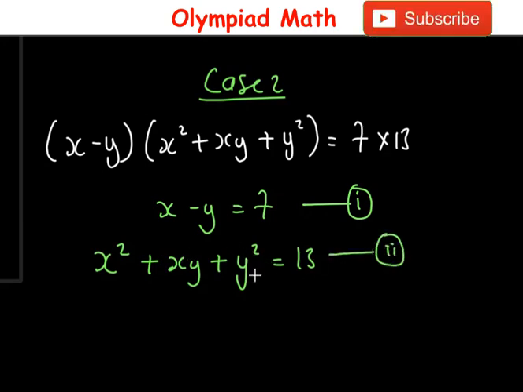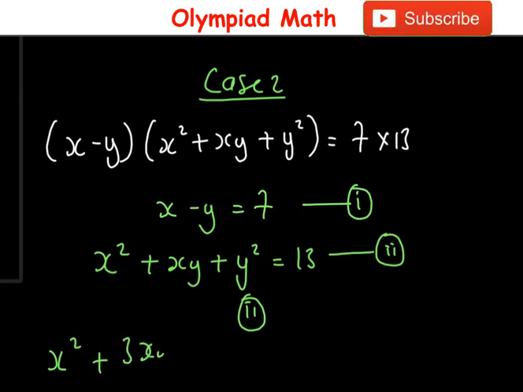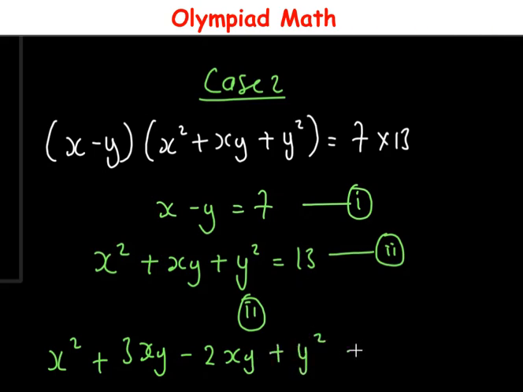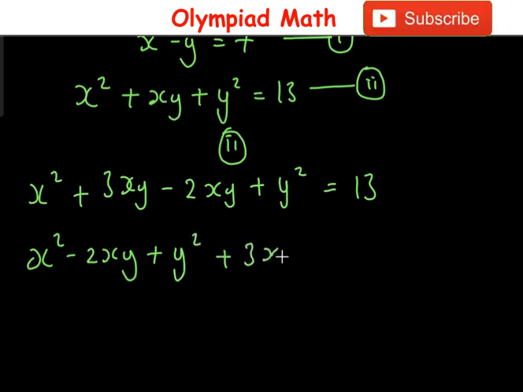Now, from equation 2, we can write xy as 3xy minus 2xy, so x squared plus 3xy minus 2xy plus y squared equals 13. Next, we rearrange this equation. This becomes x squared minus 2xy plus y squared plus 3xy equals 13.